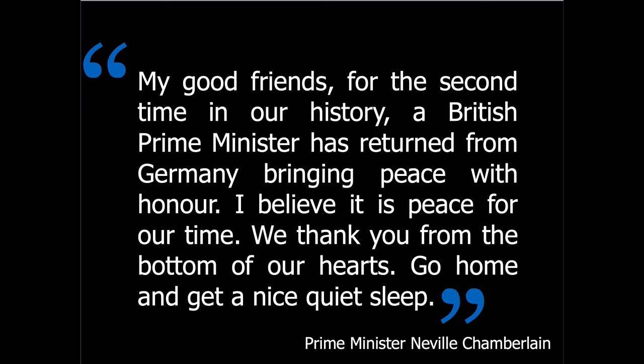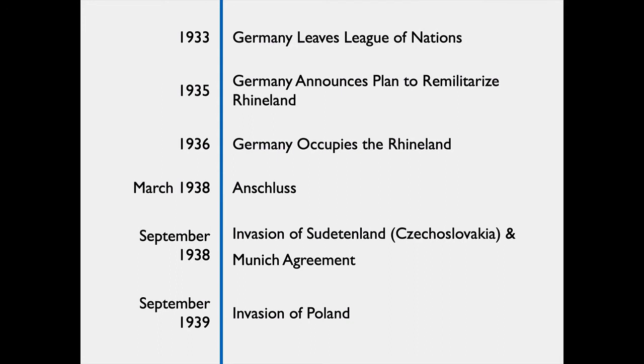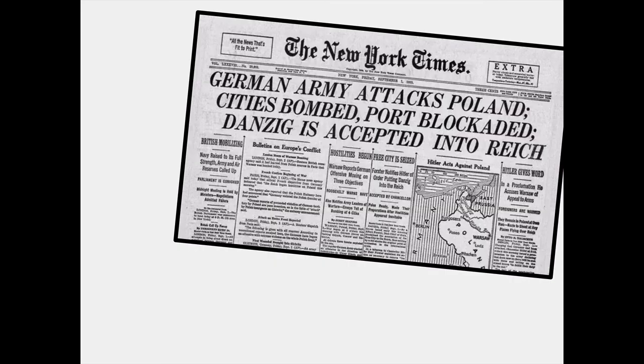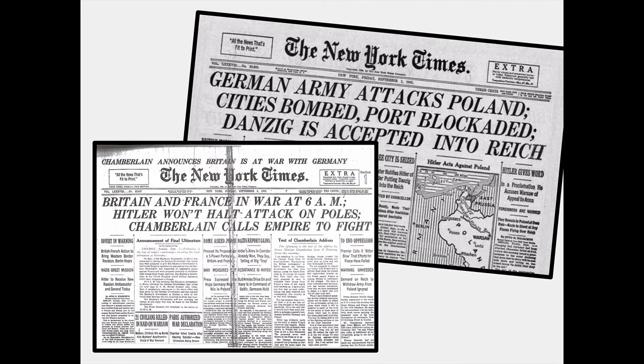Hitler would move beyond the Sudetenland to invade all of Czechoslovakia, and by September of 1939, he'd moved to invade Poland. And the invasion of Poland marks the official beginning of World War II, as evidenced by these headlines. So, as of September of 1939, the world was officially at war.